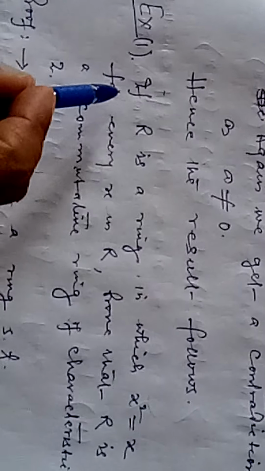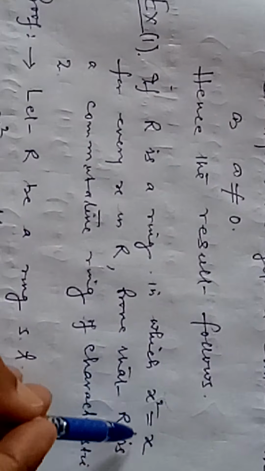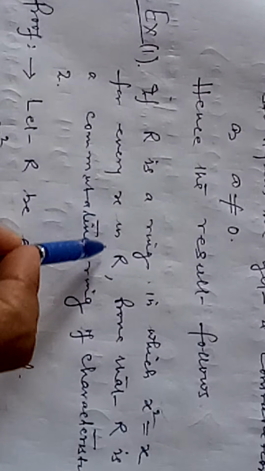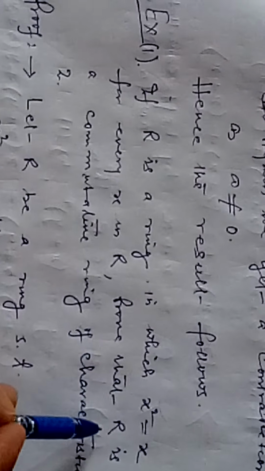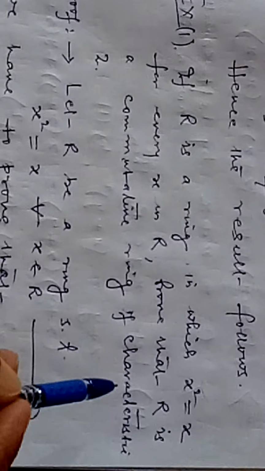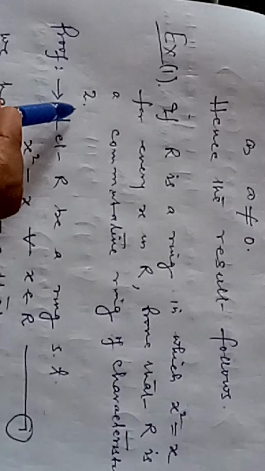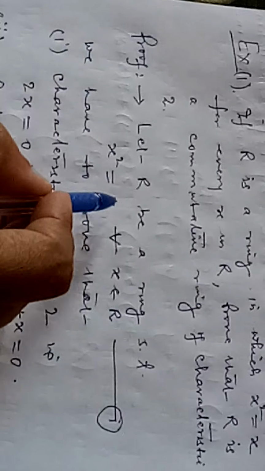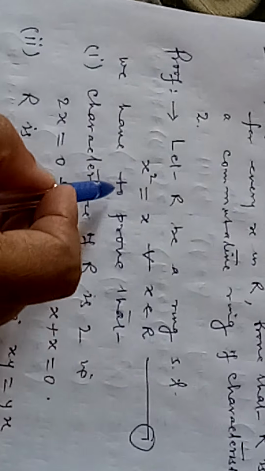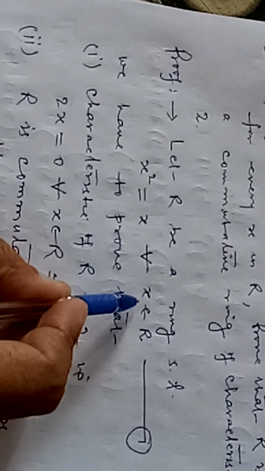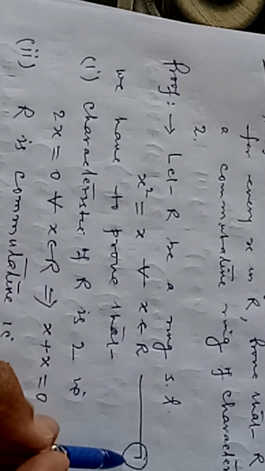Example 1: if R is a ring in which x squared is equal to x for every x in R, prove that R is a commutative ring of characteristic 2. Proof. Let R be a ring such that x squared is equal to x for all x belonging to R. Equation 1.